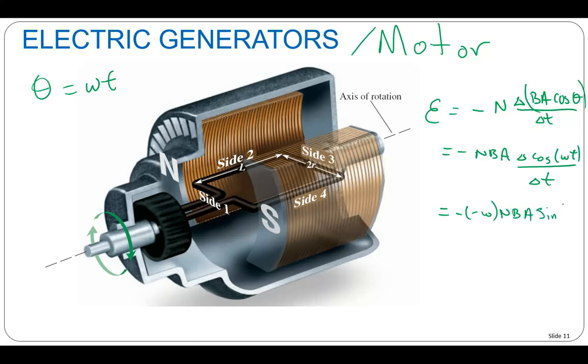Or in other words, notice I have a minus and minus, so that's omega NBA sine of omega t.